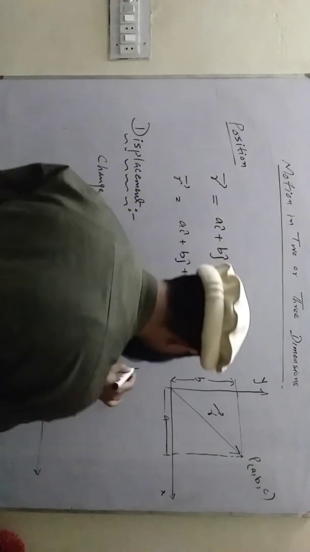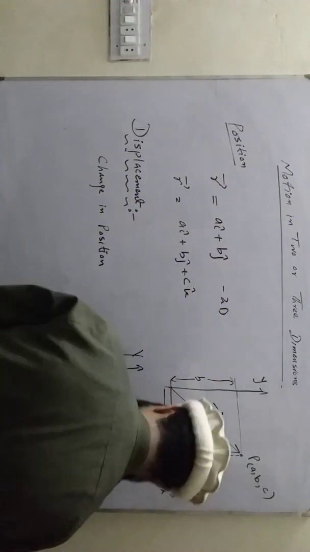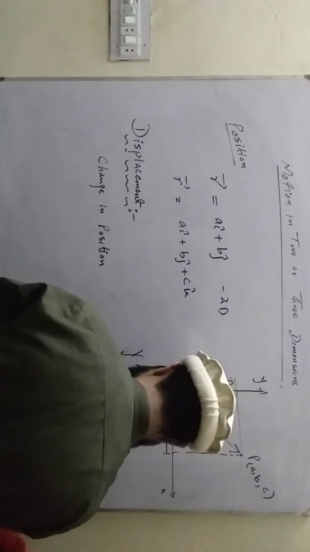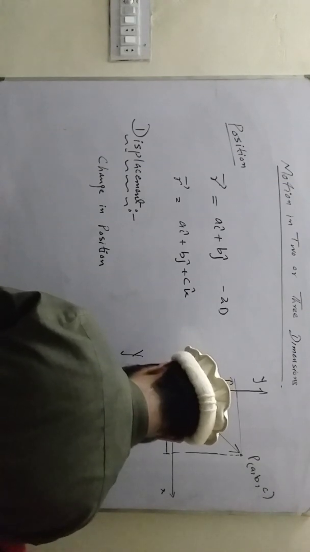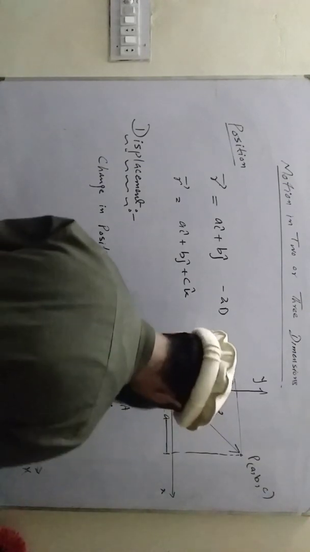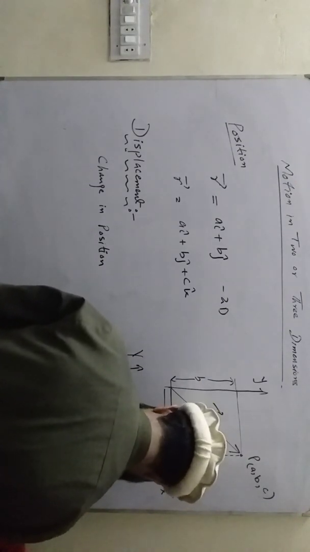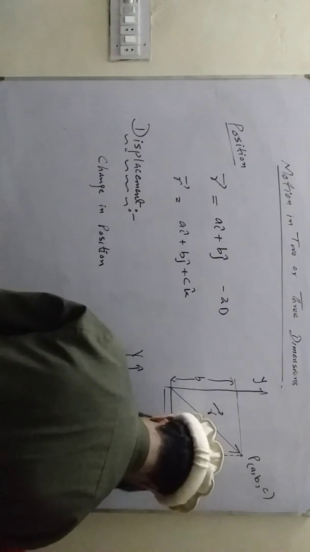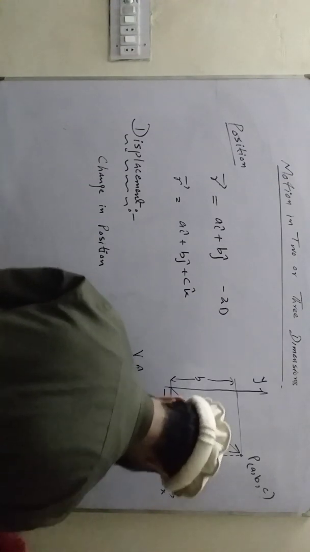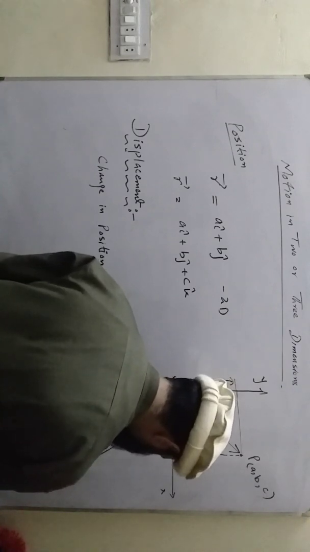Let us consider an object initially at point A whose position vector is RA, and after some time it moved to point B along a curved path.